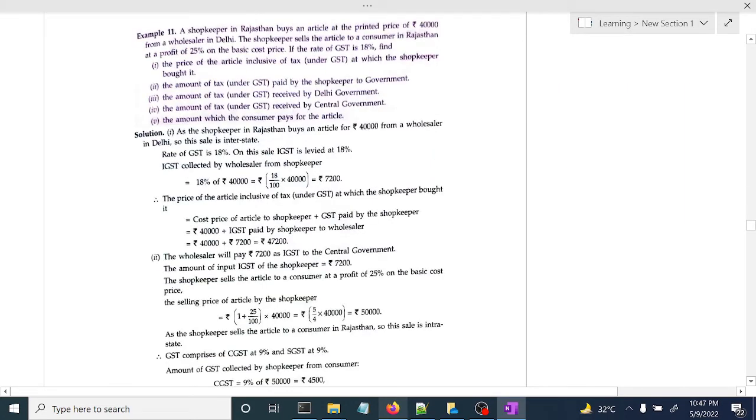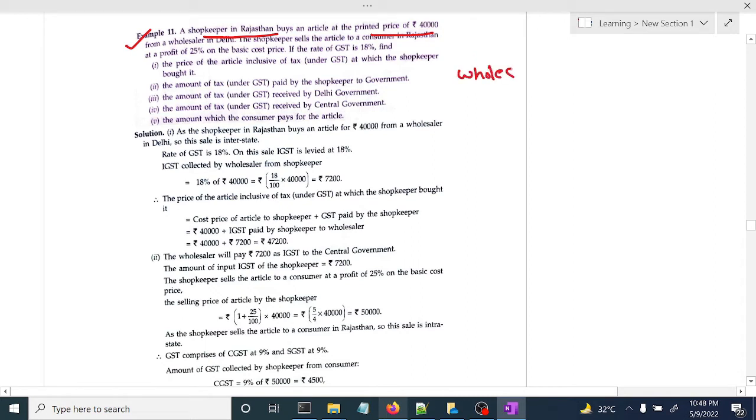Here comes example number 11. Here we'll get a new concept, that is tax credit. So have a look at this carefully. A shopkeeper in Rajasthan buys an article of 40,000 from a wholesaler in Delhi.